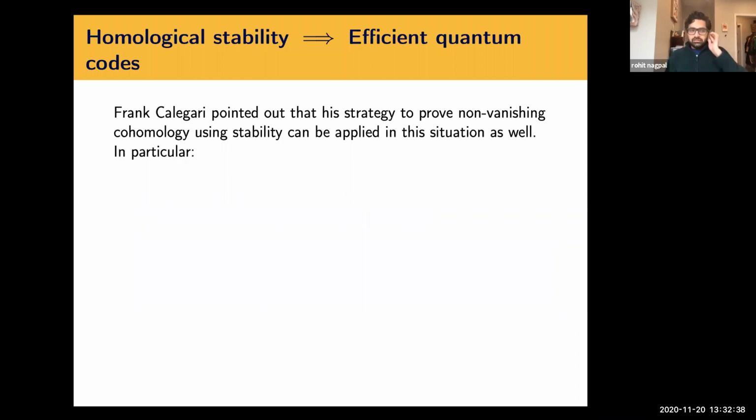So here, we go back to Frank Calegari's strategy, which says that if you can prove stability, then you can leverage these completed homologies to prove non-vanishing. Frank Calegari pointed out to us that this actually holds in this situation as well.